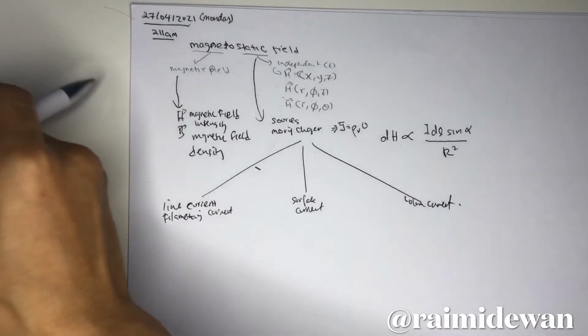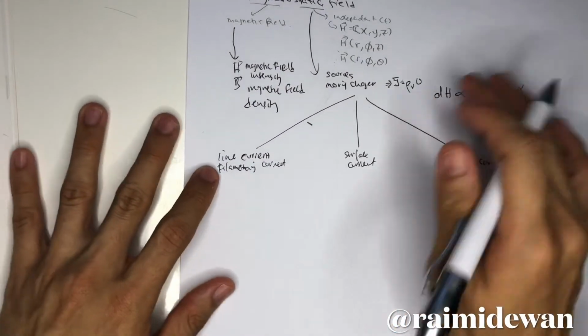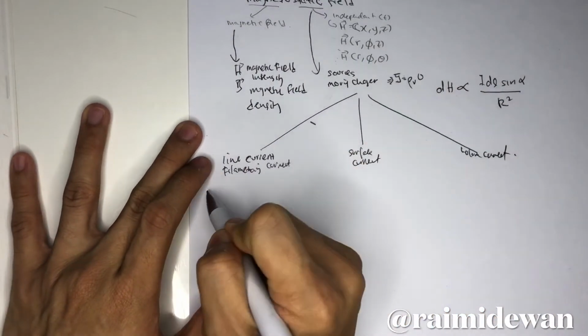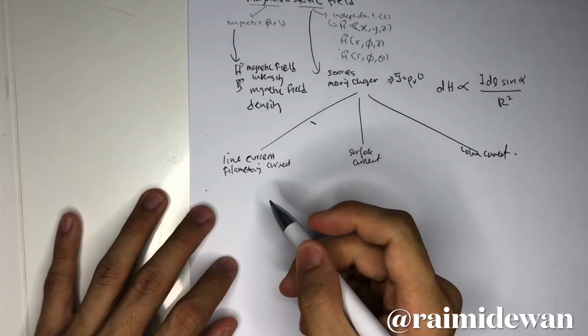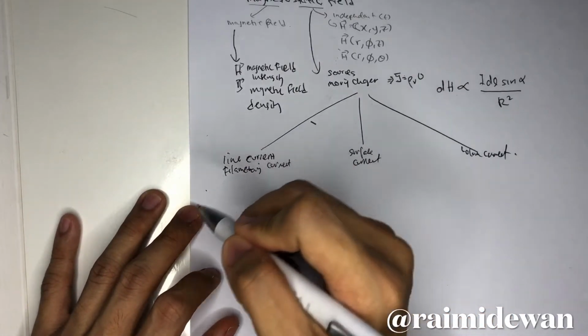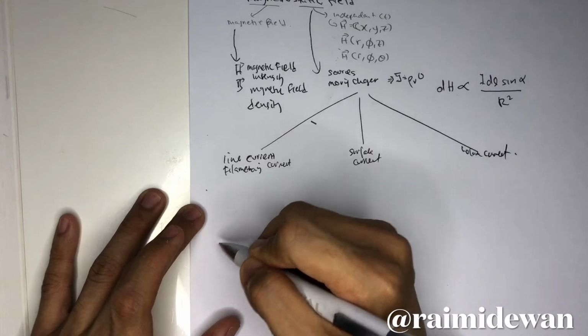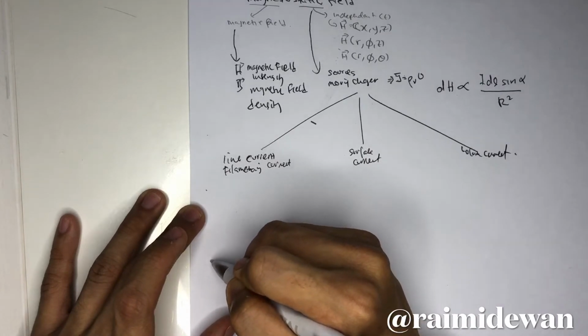We can use the example of the line current first, the filament current. I just take the example from the book, so you may refer to the book for a more detailed explanation.